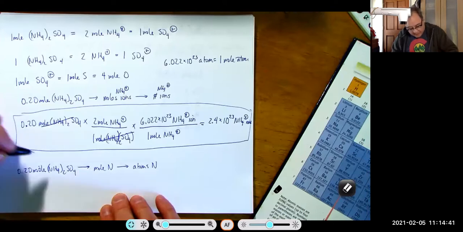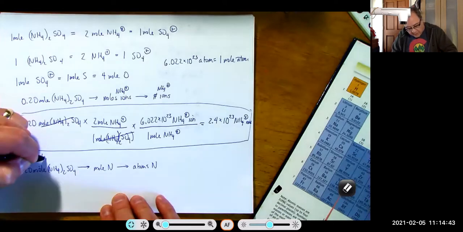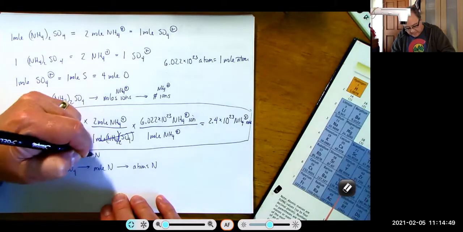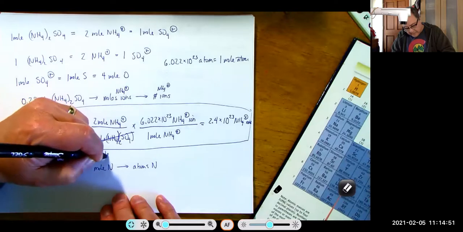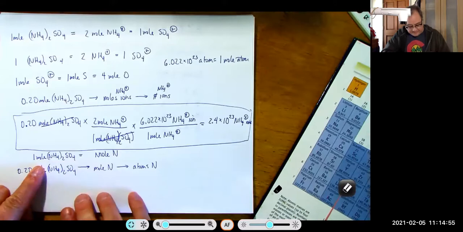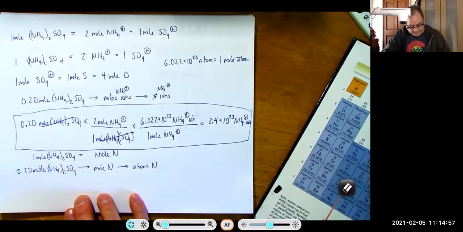So if I have 1 mole of ammonium sulfate, how many moles of nitrogen are there here? 2.